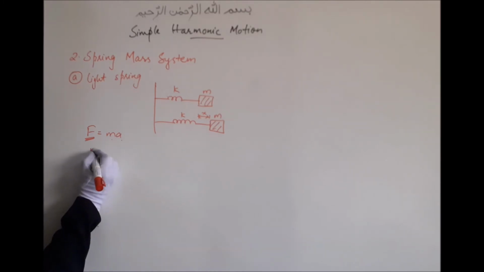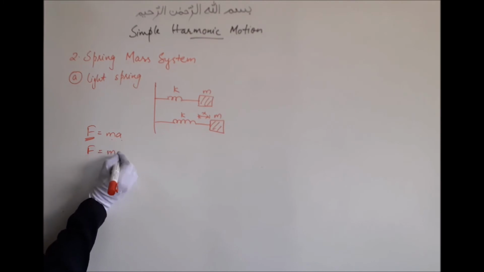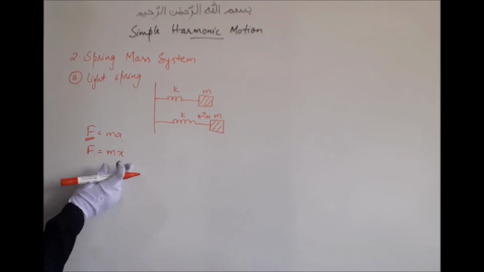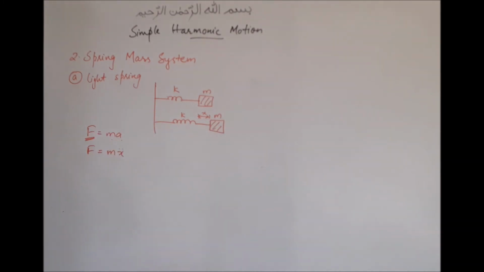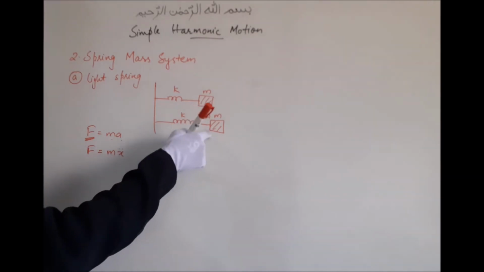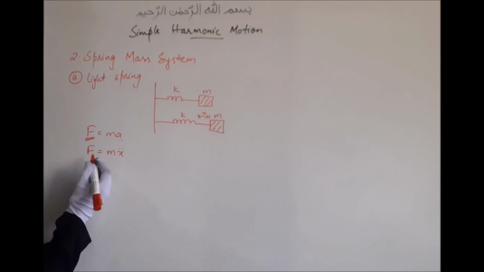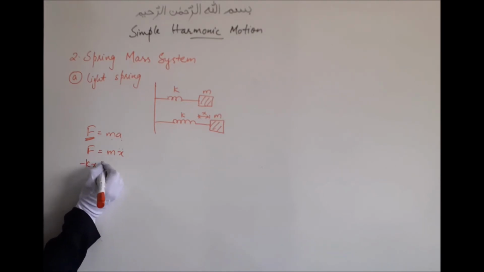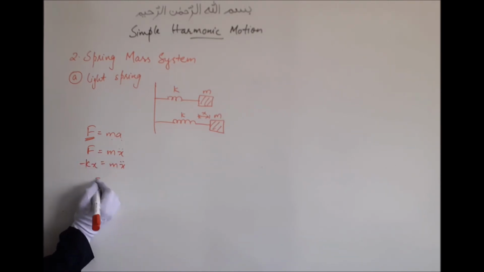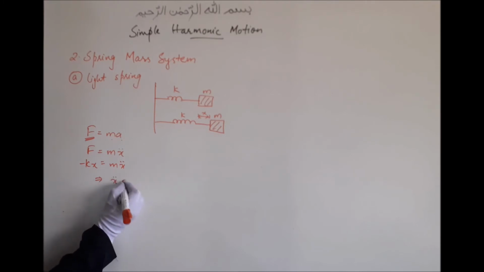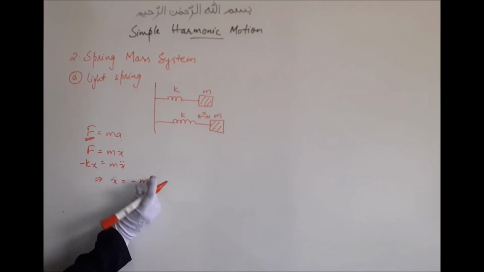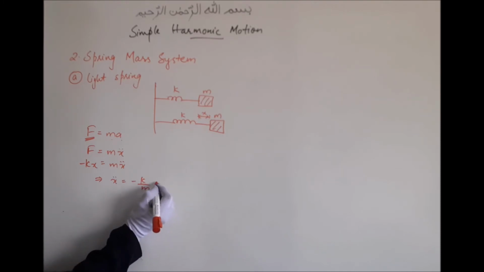So we can write this as F is equal to m x double dot, because if we consider only along one direction, the net force which is acting on the system is only because of the spring, right? So we'll have here minus kx is equal to m x double dot. So I can write x double dot is equal to minus k by m into x.